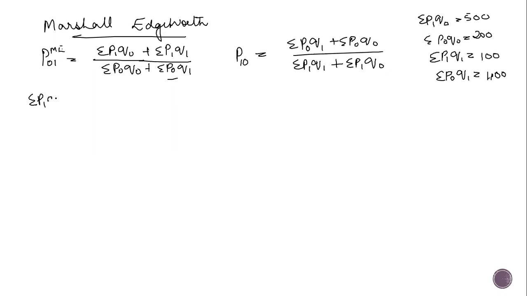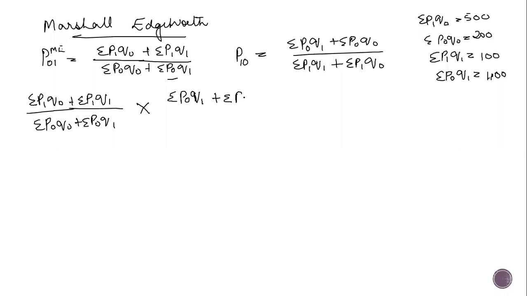Summation P1 Q0 plus summation P1 Q1, divided by summation P0 Q0 plus summation P0 Q1, into summation P0 Q1 plus summation P0 Q0 divided by summation P1 Q1 plus summation P1 Q0.